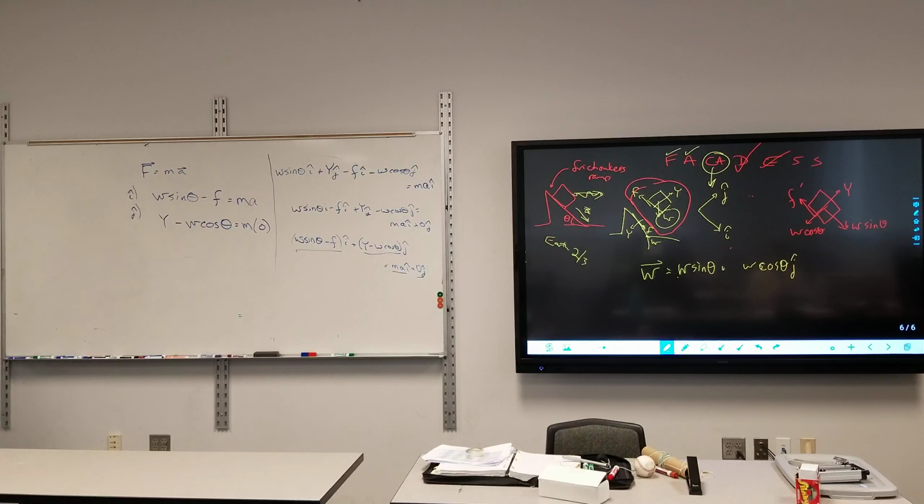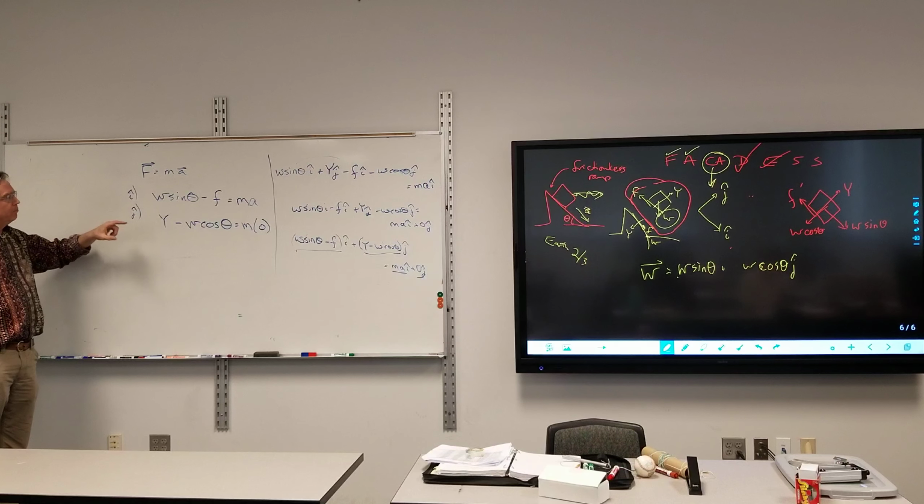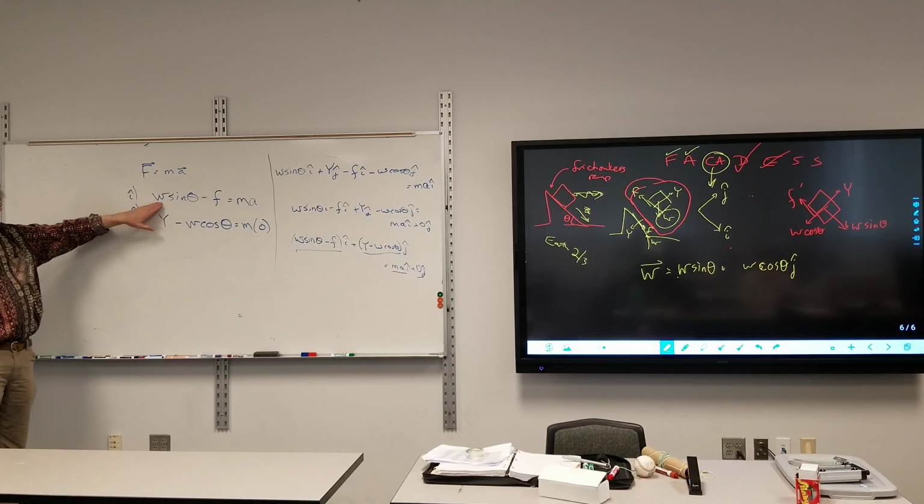There are certain independent formulas that will occur regardless of the problem. These two are problem specific. This is the box going down a ramp. But there is an independent formula for weight.